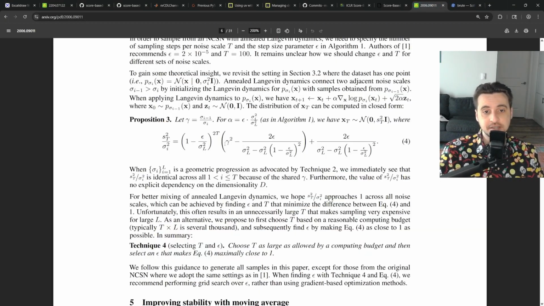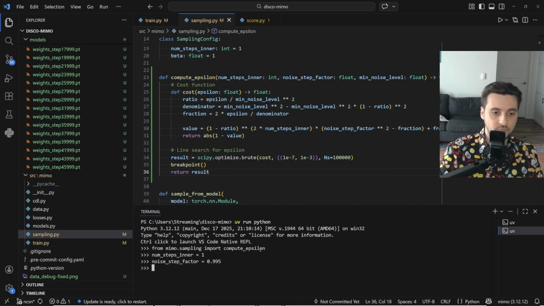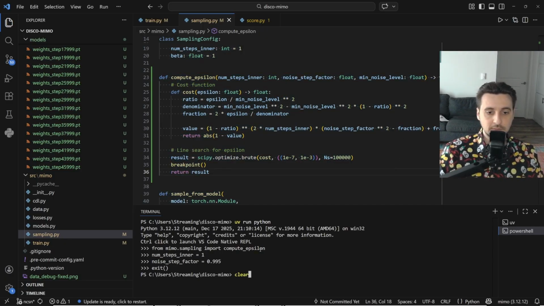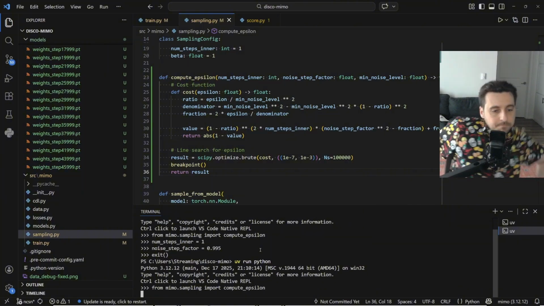Oh, I did. It's gamma squared. I made a mistake here. It's gamma squared. Whew, okay. Almost messed that up. So uv run python again, from MIMO.sampling import compute epsilon.